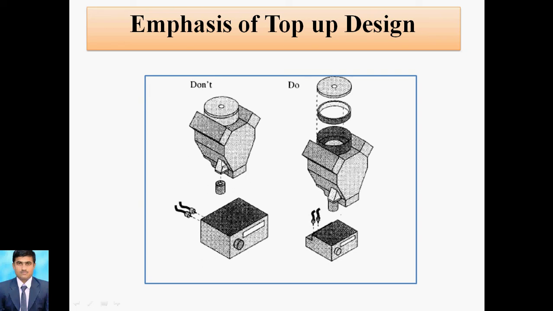This will be called a top-down design, but it is difficult because if a number of parts are available on this geometry, more handling time is required. That's why we keep the harder part, or maximum part, at the bottom, and only small parts on the top.